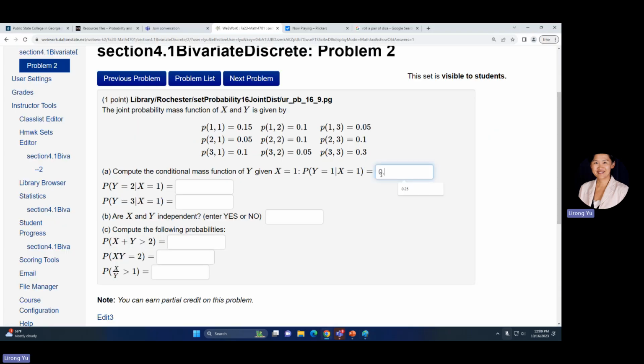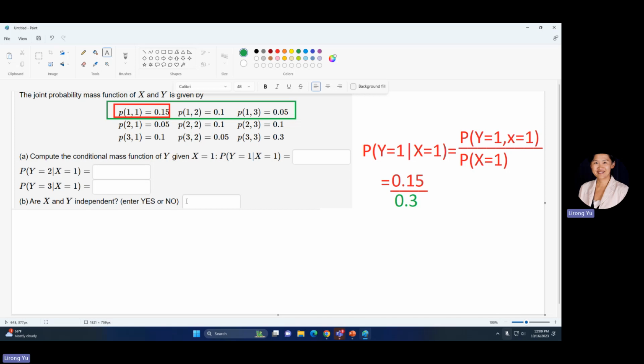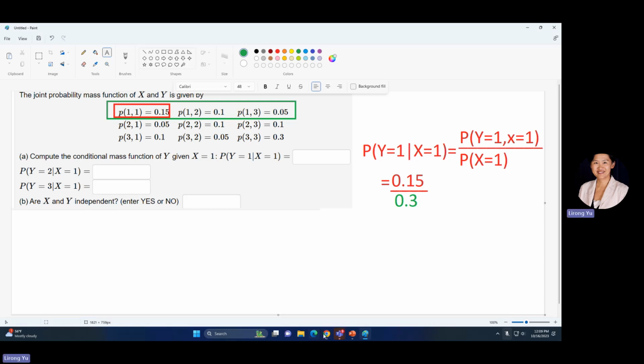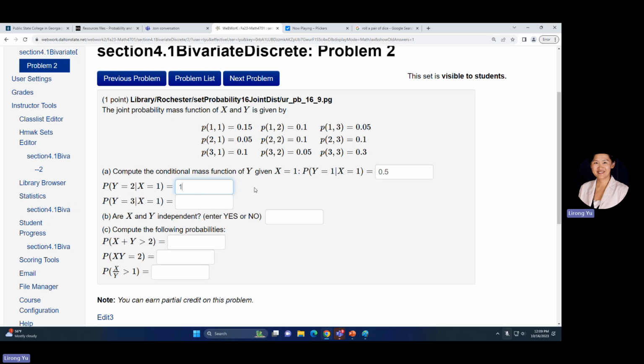Now y equals 2, x equals 1 is this one, so it's 0.1 divided by 0.3, which is 1/3. The last one is 0.05 divided by 0.3. It's 1/6, 5 divided by 30, right?